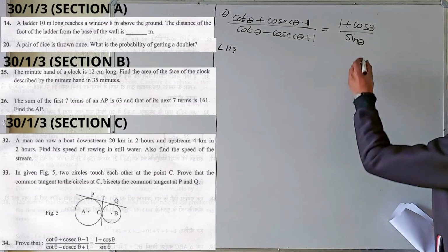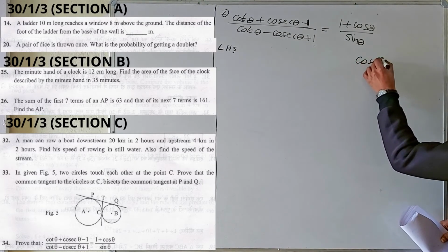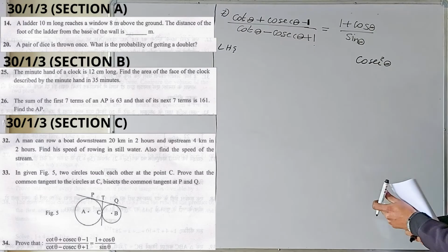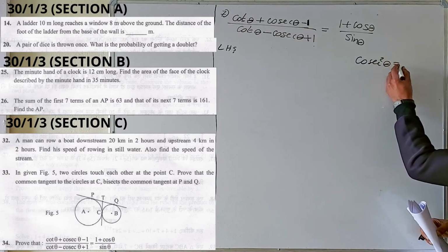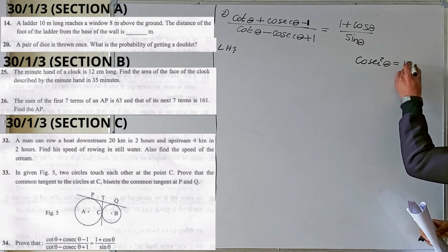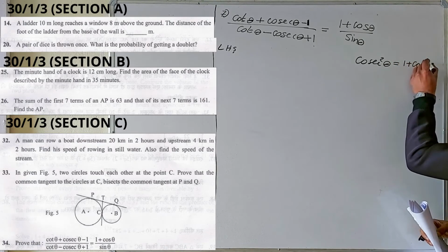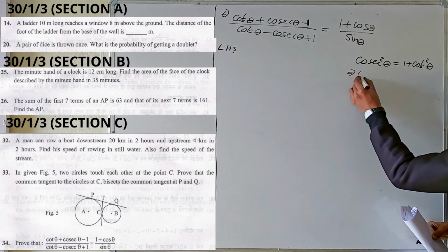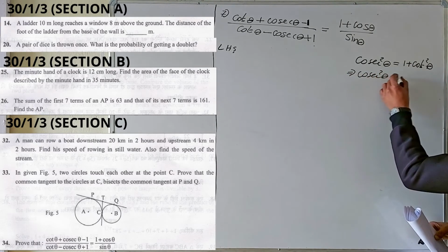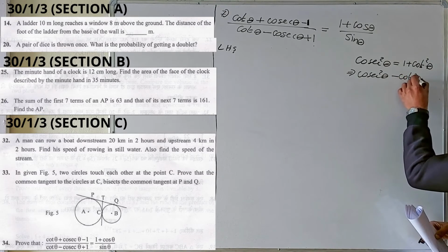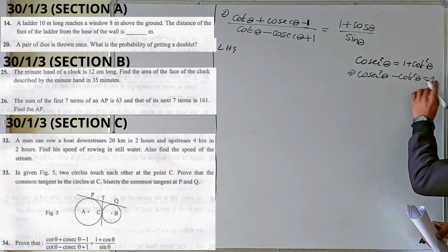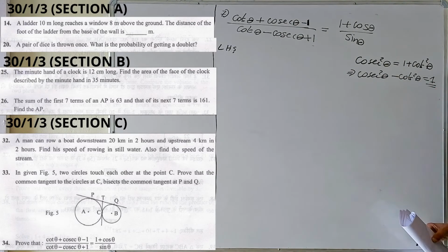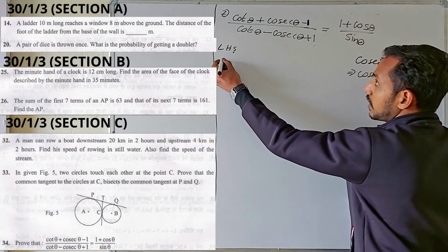We already have cosec square theta is equal to 1 plus cot square theta. Then taking cot square theta over here, we get cosec square theta minus cot square theta is equal to 1. So instead of this 1, we are substituting cosec square theta minus cot square theta. So what will we get here?